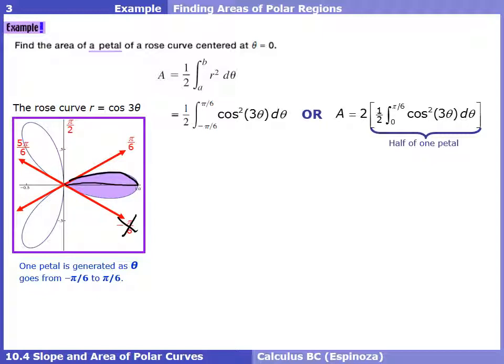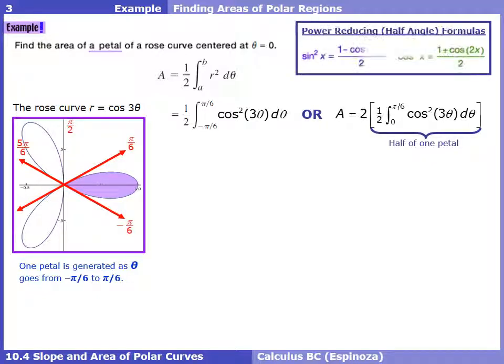If you had decided to do it that way, we would be integrating from 0 to pi over 6, but since that's only taking into account half of the petal, we would have to multiply everything by 2. And maybe this would have been a better way to do it, because the 2 and the half would cancel out. But ultimately, there are many ways of setting up these problems. Again, that's probably either good news or bad news, depending on the way you look at it.